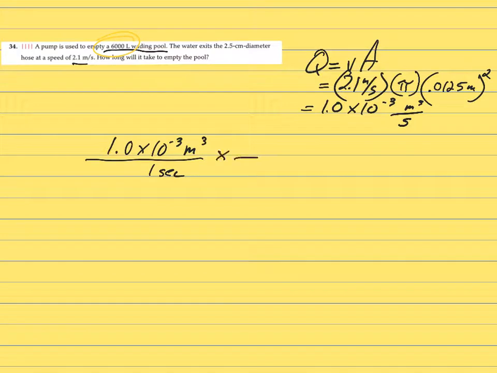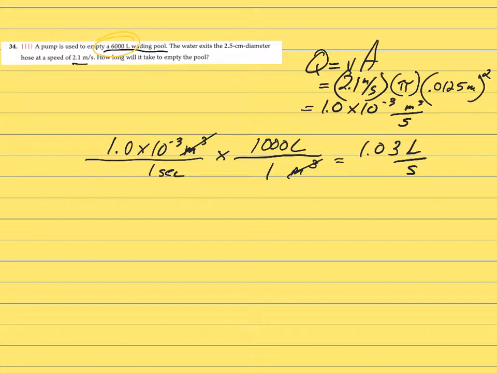And I'm going to get rid of that meters cubed. And you have to know, or I can tell you, that there is 1,000 liters in 1 meter cubed. And now we're looking at 1.0 liters per second. Makes a little bit more sense.